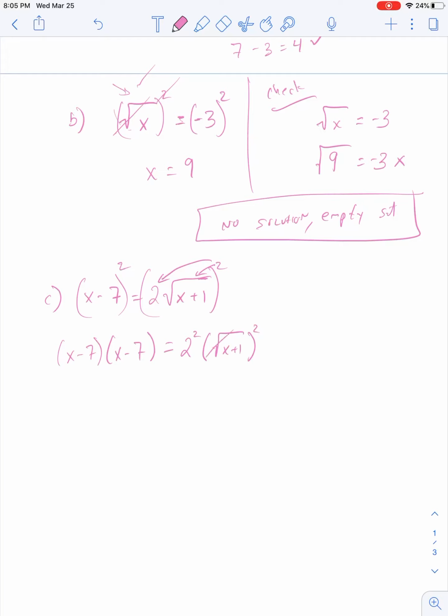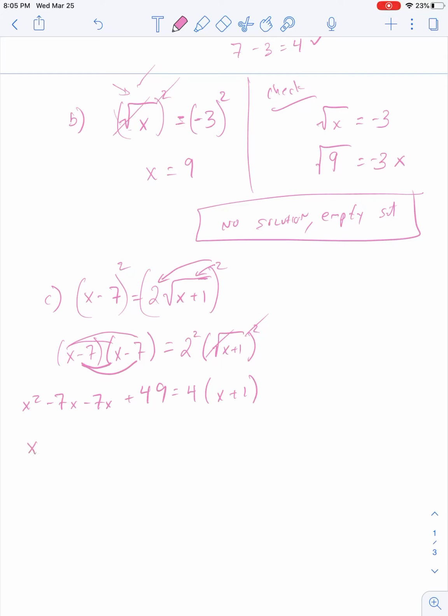All right, and we'll see now square root and that power of 2 cancel. So here we're left with 4 open parentheses x plus 1. And on this left side, we got a FOIL. X times x is x squared. X times negative 7, negative 7x. Negative 7 times x, negative 7x. Negative 7 times negative 7 is a positive 49.